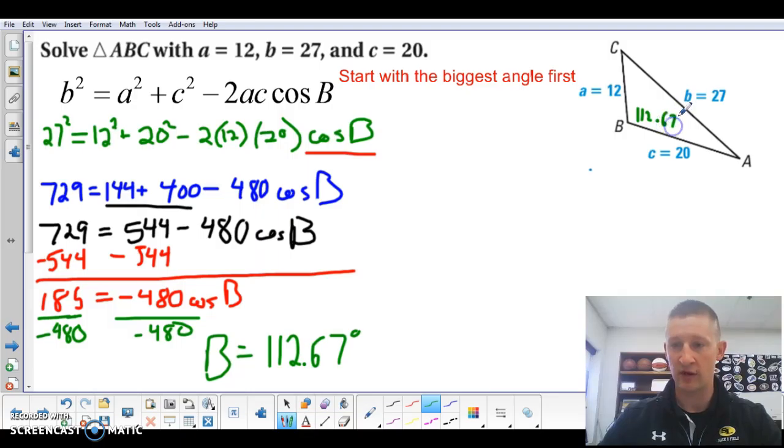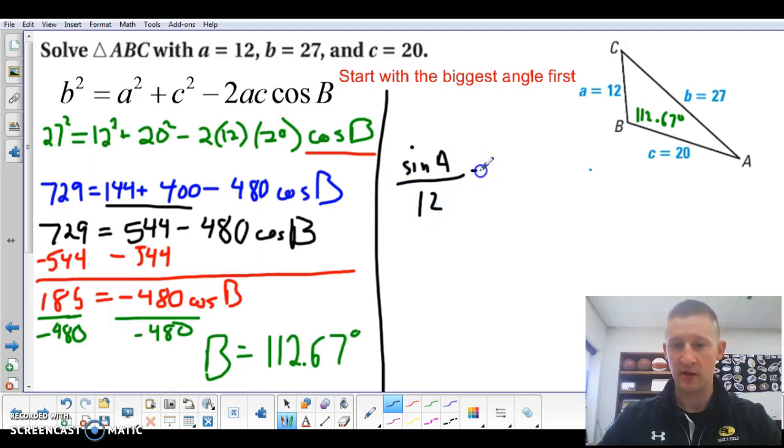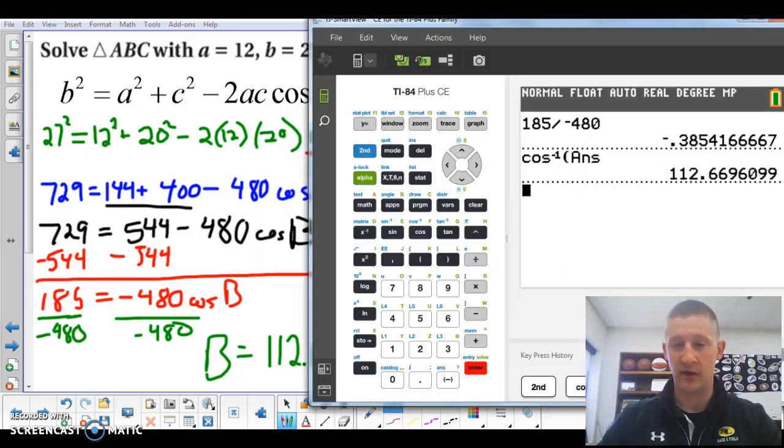I'm going to now use the law of sines to find a second angle. Let's go ahead and look for angle A, shall we? So I'm going to use the law of sines now, and I'll take the sine of A is to 12, because that's the opposite side, equals the sine of the angle that I now know, which is 112.67 degrees, compared to its opposite side, which is a big old 27. All right, so law of sines, we're going to solve for angle A. We'll cross multiply and divide.